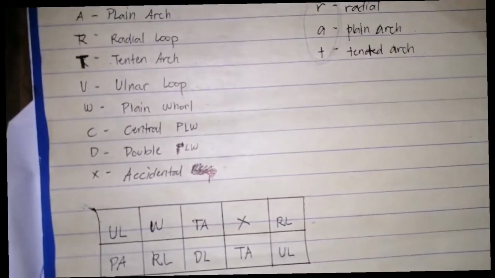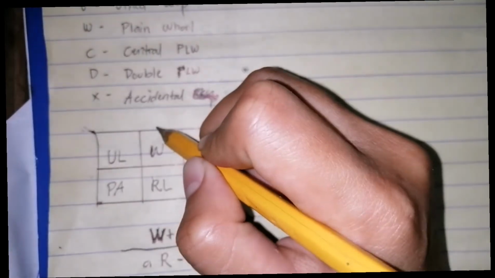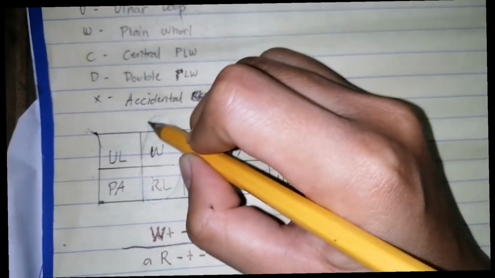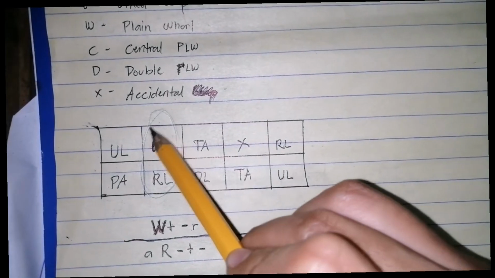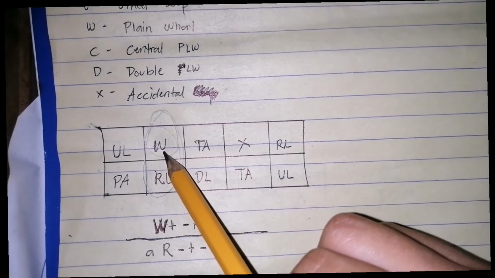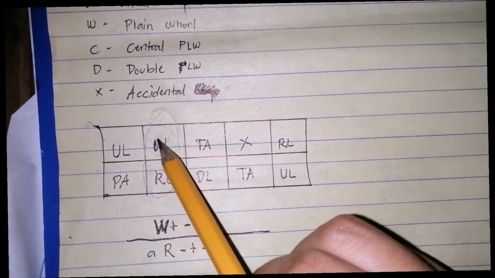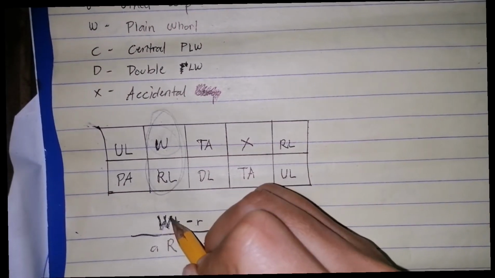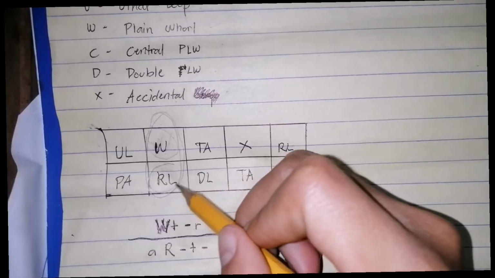In summing up, first we will find the capital letters in the index finger. We will start with the right index finger. We have plain whorl in the index finger, so we will put it in the numerator. The second is radial loop.